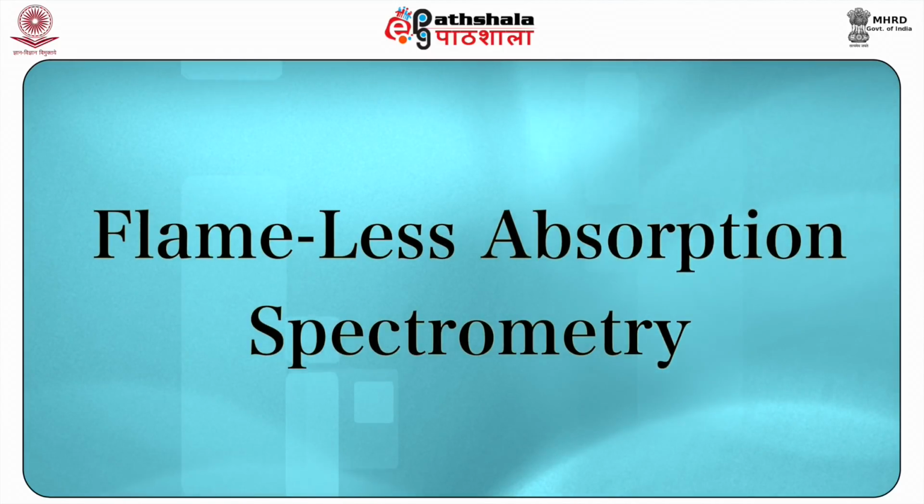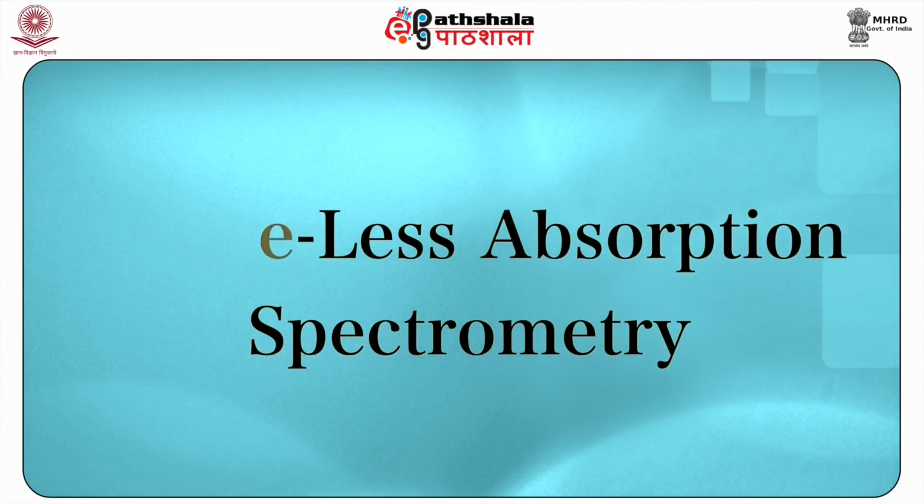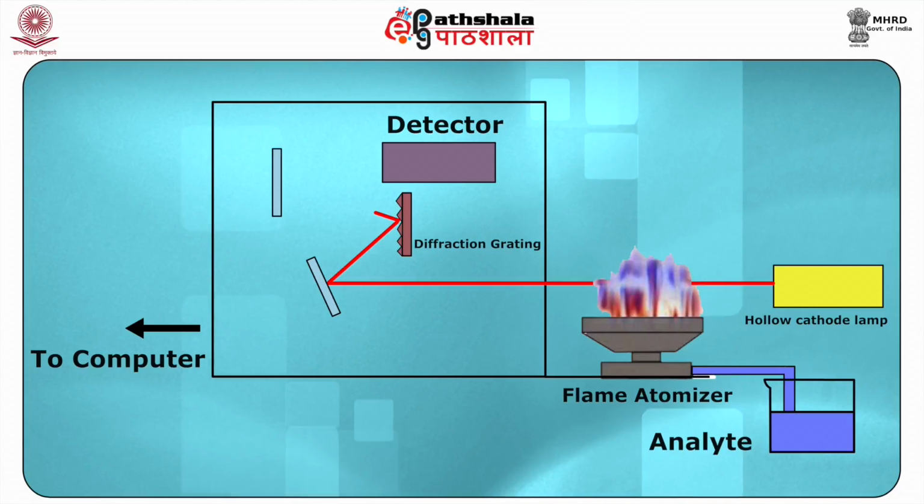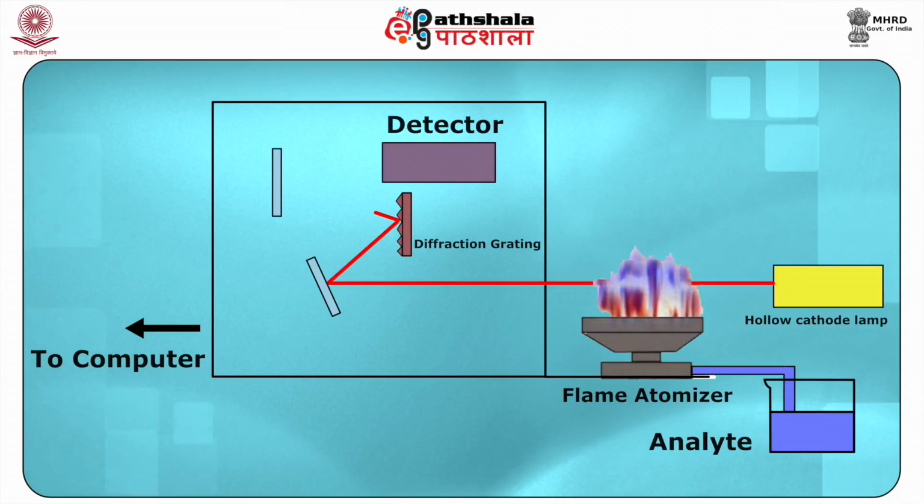Flameless absorption spectrometry. This absorption spectrometry is an extremely sensitive and convenient technique for evaluation of GSR particles. It is so sensitive that it can detect elements in microgram and picogram ranges. It works on a simple principle that an element absorbs radiation of the same wavelength as it emits when excited.